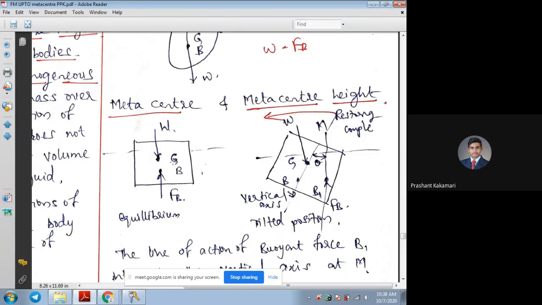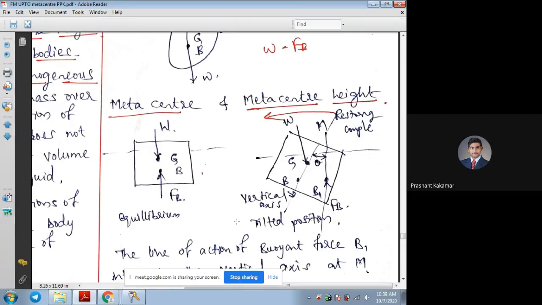That's why we have taken G just above the buoyancy point, assuming the body may be unstable. And as we know, the weight of the body is acting downward, and the buoyancy force is acting upward in the equilibrium.